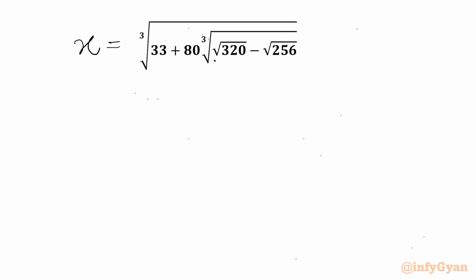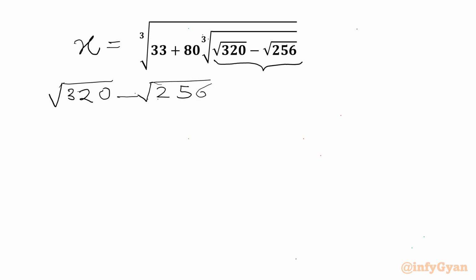Now I will simplify this radicand separately. So let me write here square root 320 minus square root 256. So I can write square root 320, 64 times 5, minus 256 is 16 square.